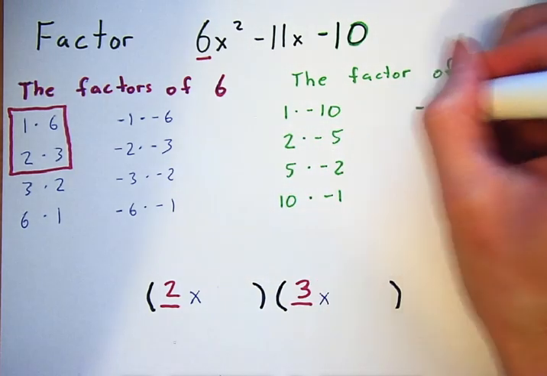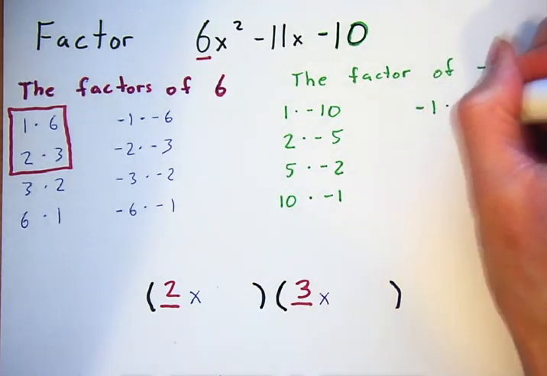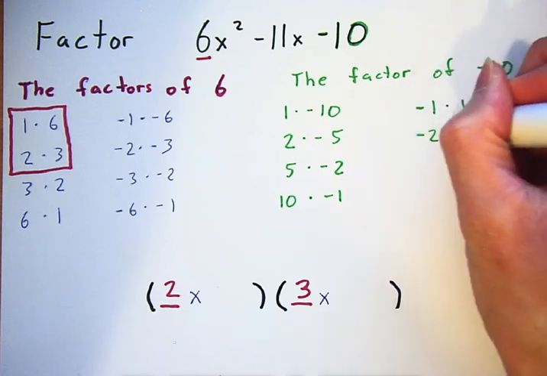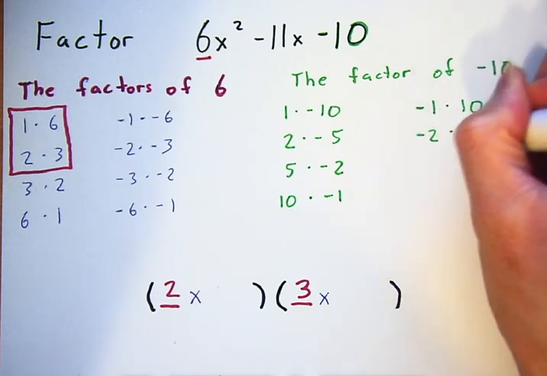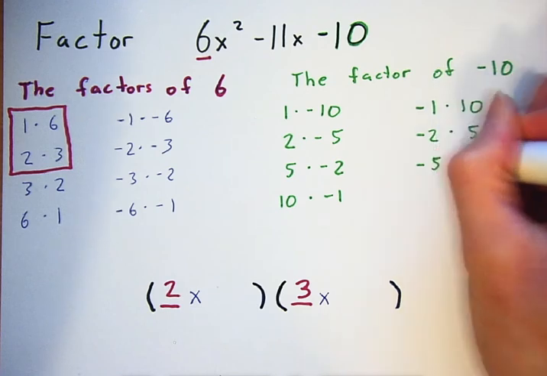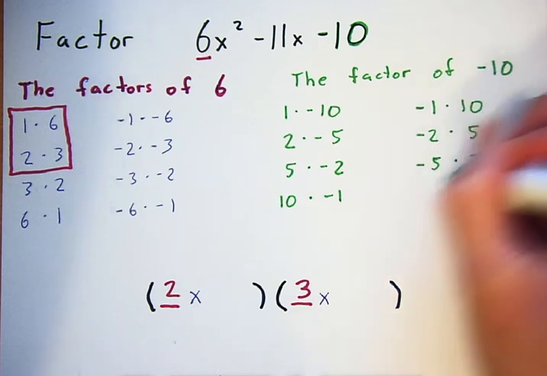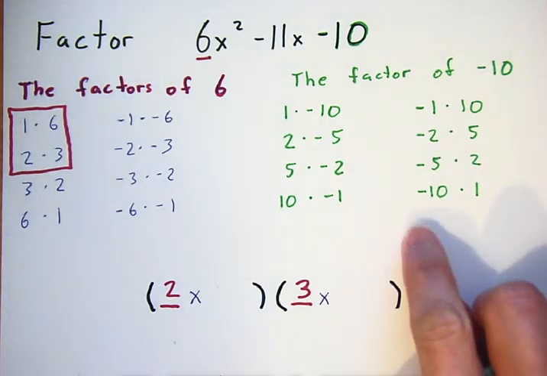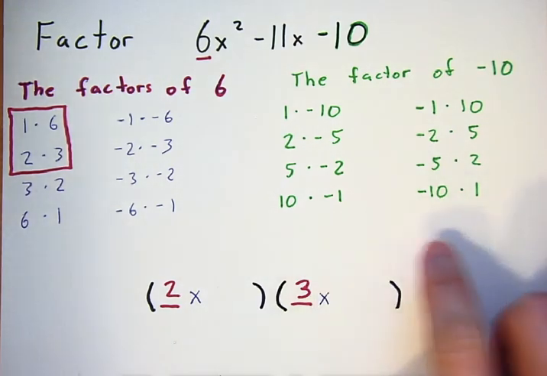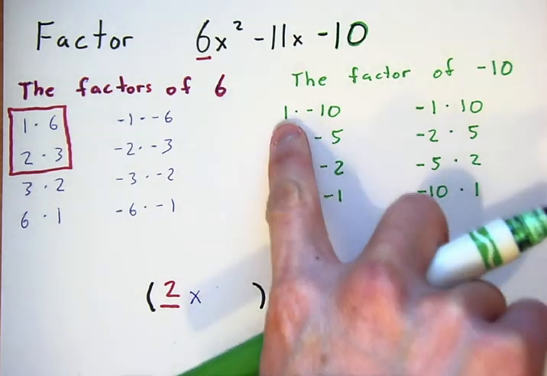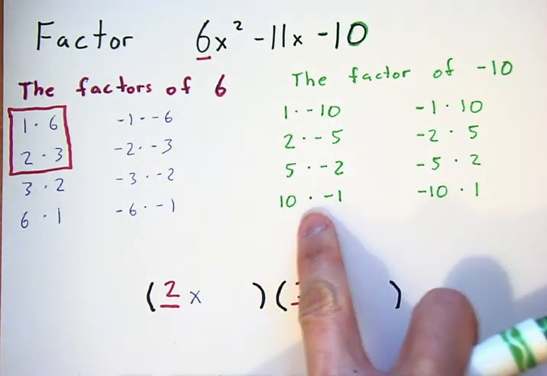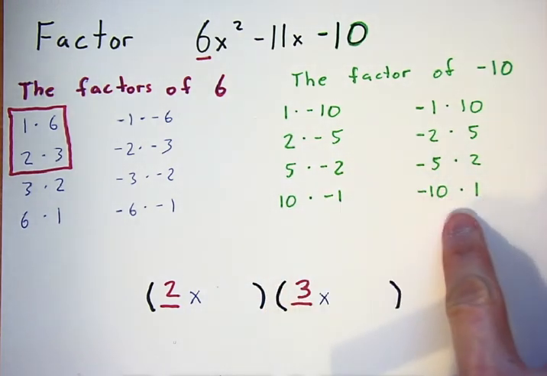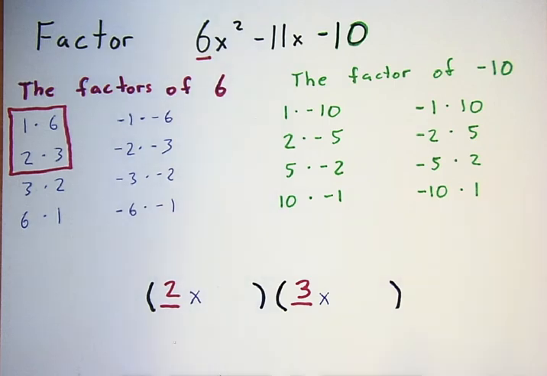So you have negative 1 times 10, negative 2 times 5, negative 5 times 2, negative 10 times 1. I would organize it when you're doing this, like I organized it by starting at 1 and starting to get bigger, and then put the negative versions on the other side.